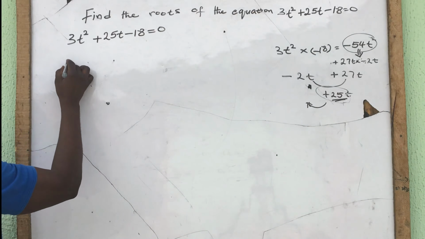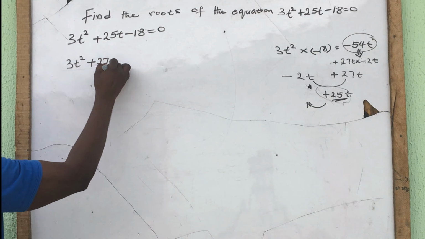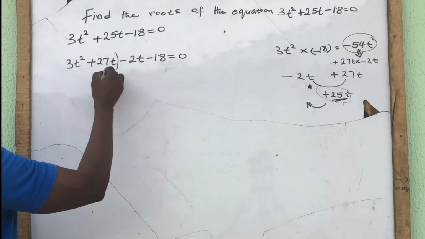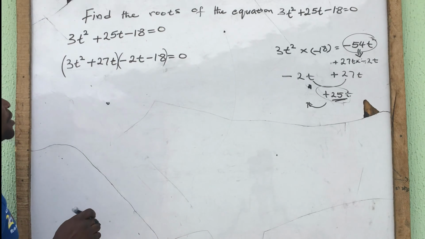So 3t squared plus 27t minus 2t minus 18 equals 0. Let's group them by grouping.